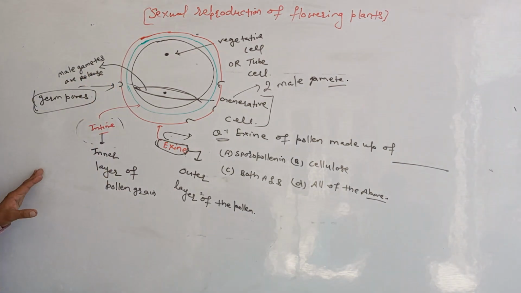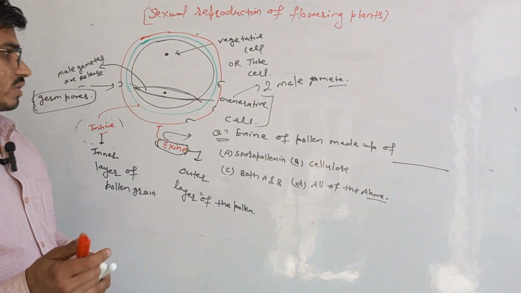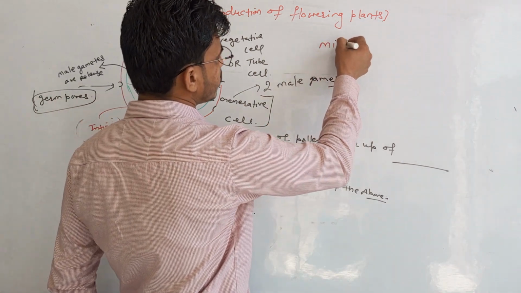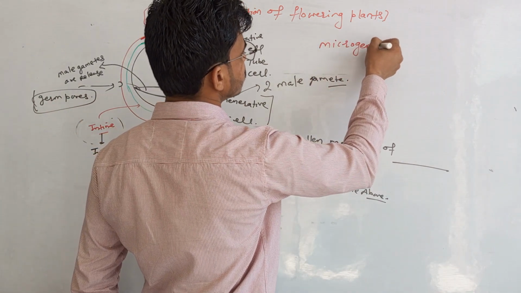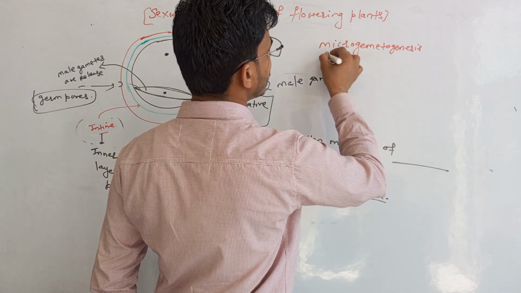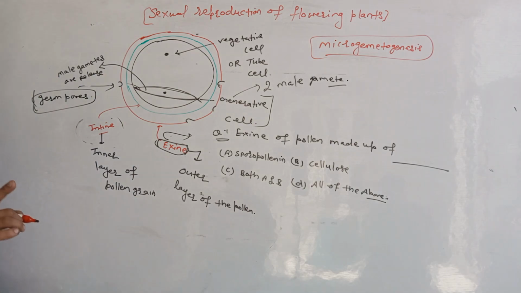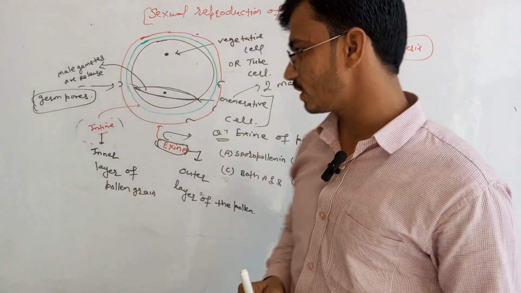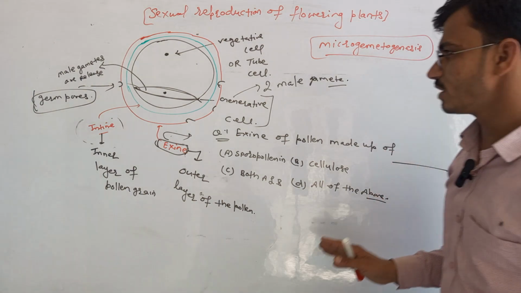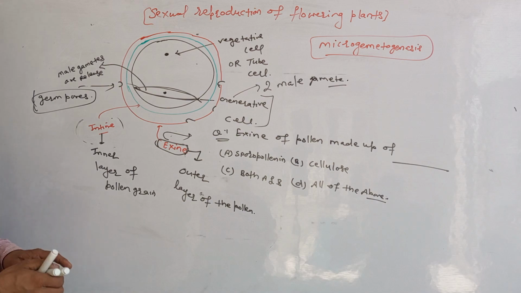After that, the question may arise: what is microgametogenesis? We have completed one part, microsporogenesis, which is simply the formation of pollen grain or microspore.